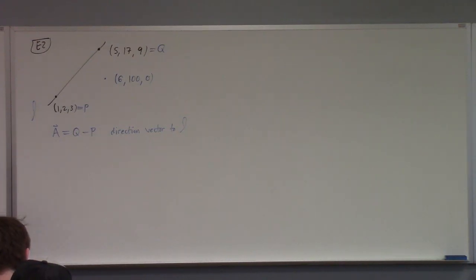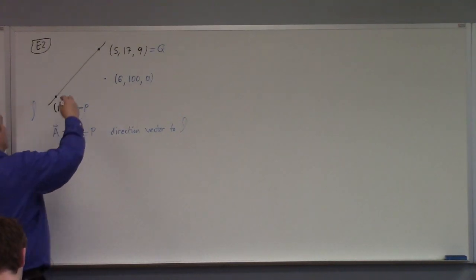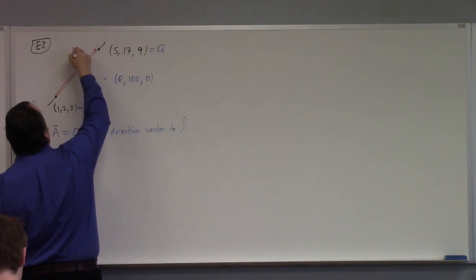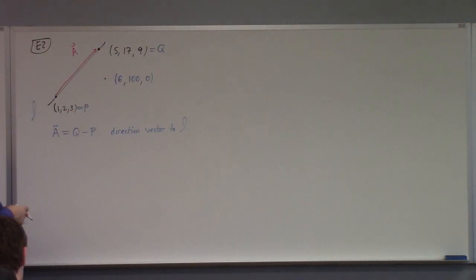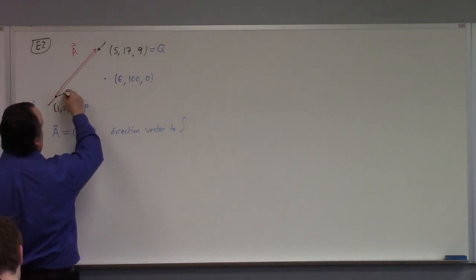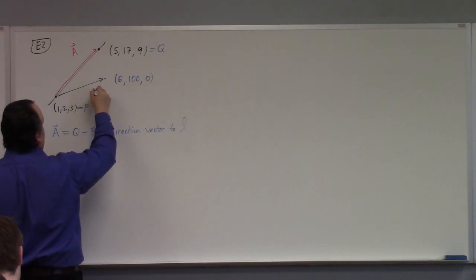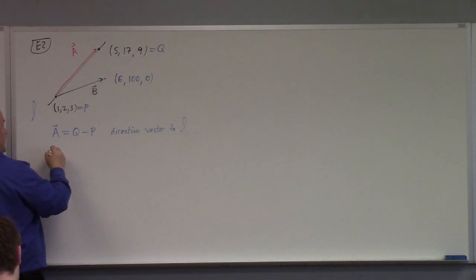And so I could picture A like this, yeah? And then I could picture another vector B like this, right? And B would be equal to what?